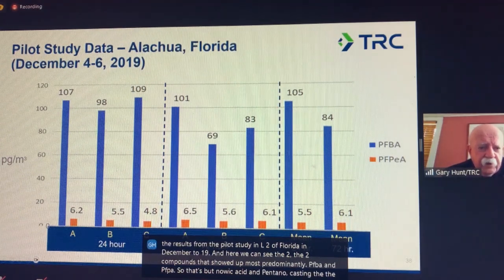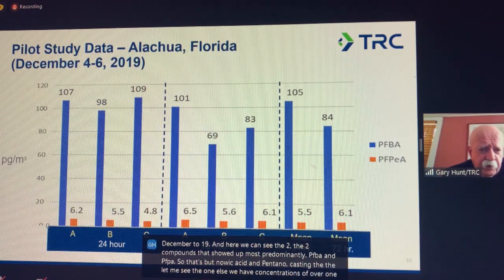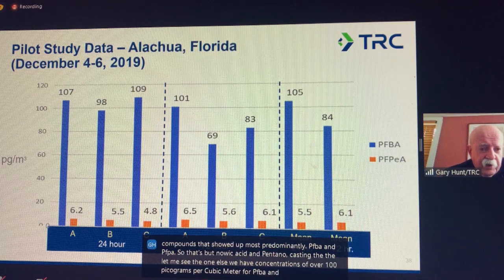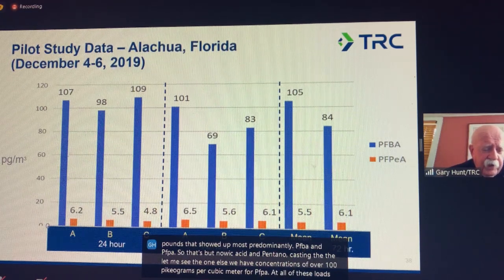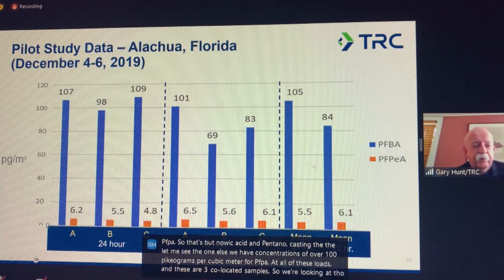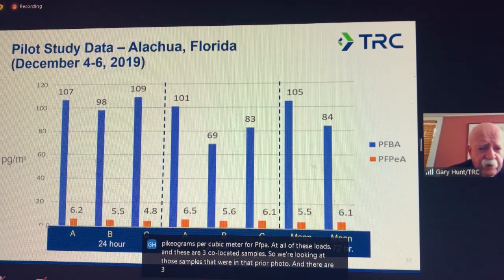Let me see, we have concentrations of over 100 picograms per cubic meter for PFBA at all of these locations. And these are 3 co-located samples, so we're looking at those samplers that were in that prior photo. There are 3 in each of the 24-hour and 72-hour segments.